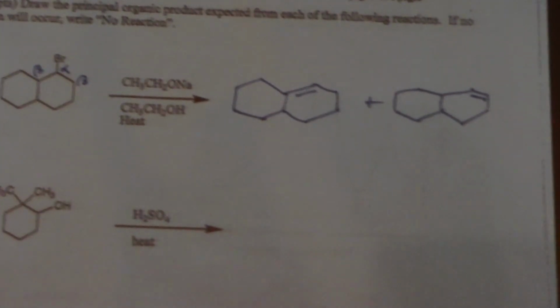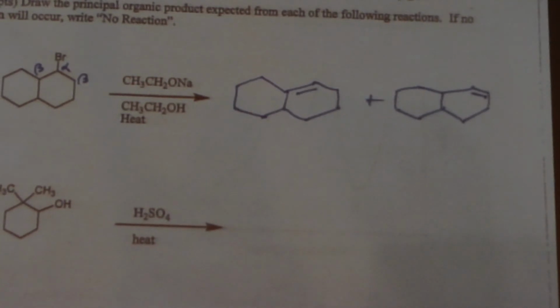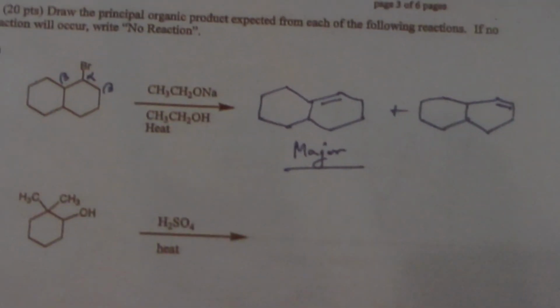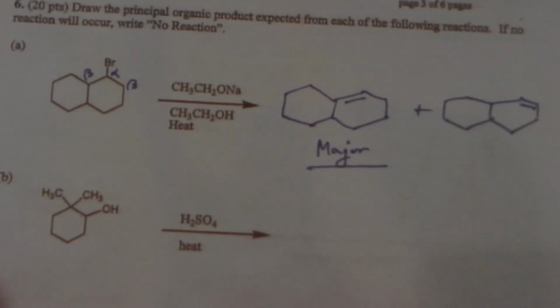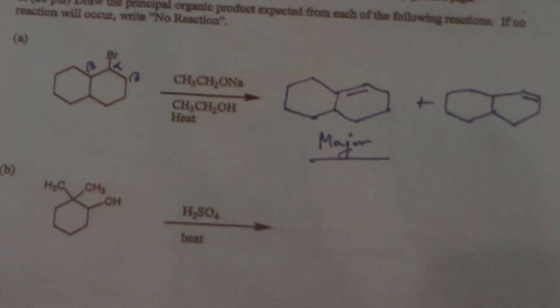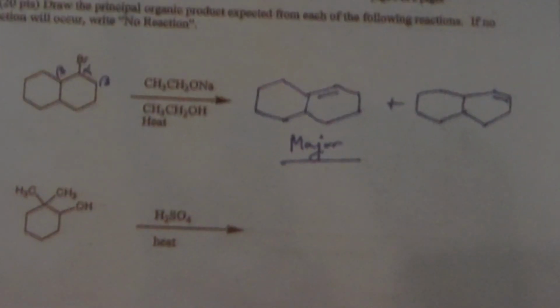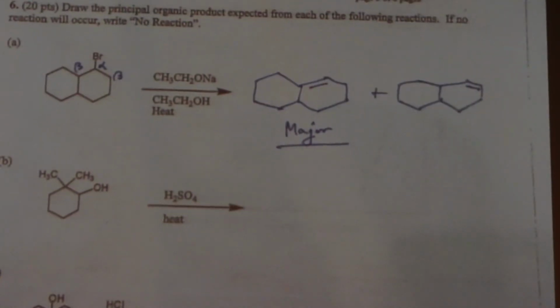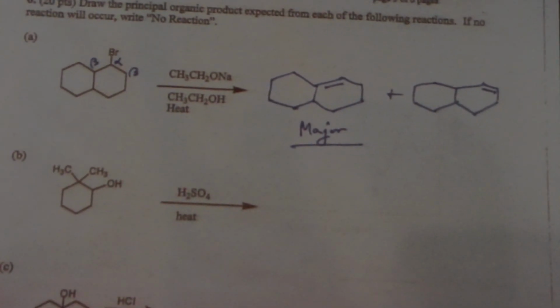Which one is major? The first one, right? This is according to Zaitsev. So this is major, and that's very critical. You need to actually indicate which one is the major product, otherwise you'll lose points. In a case like this, you should draw both of them and indicate which one is the major.